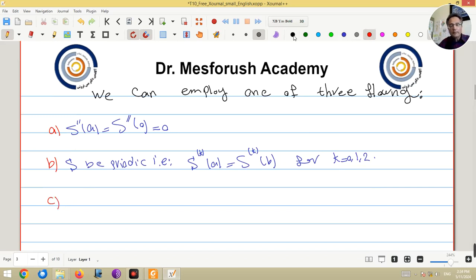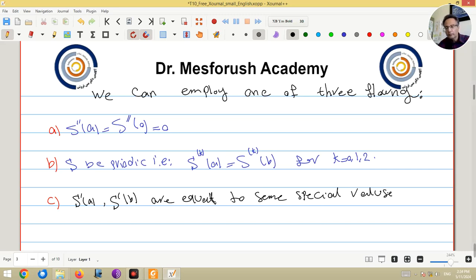And the third one is S prime of a and S prime of b are equal to some special values. One of these conditions can be employed.